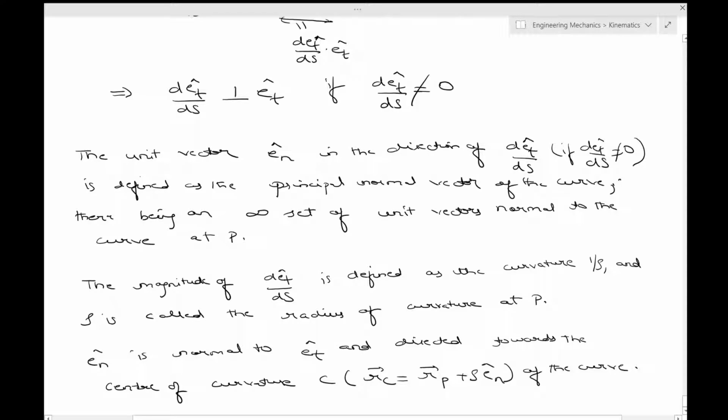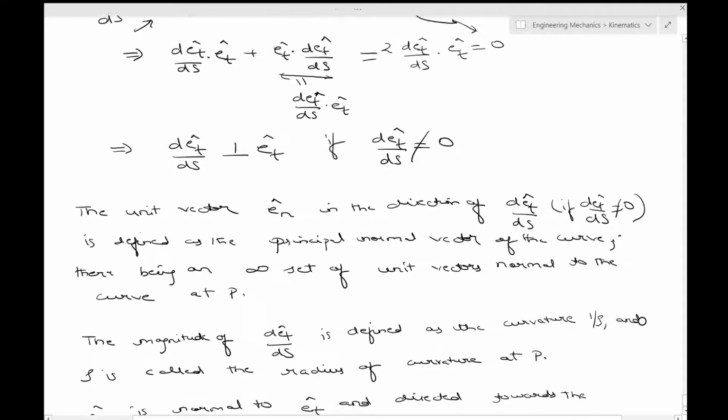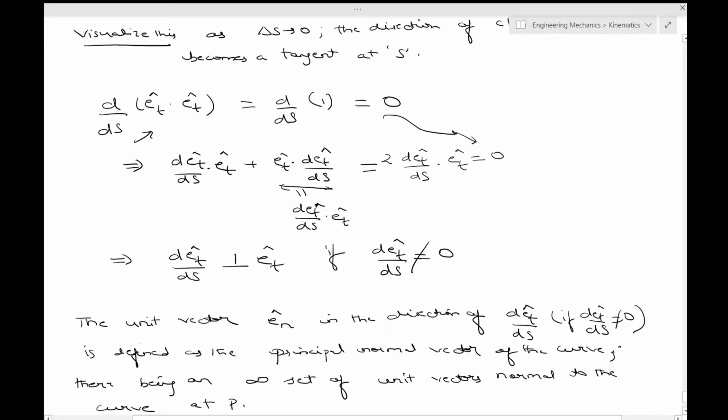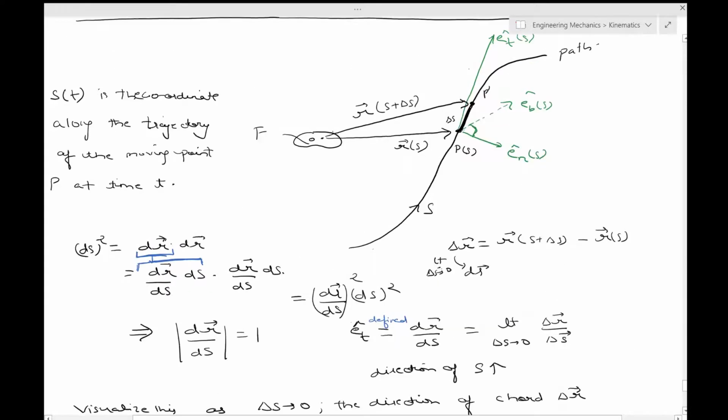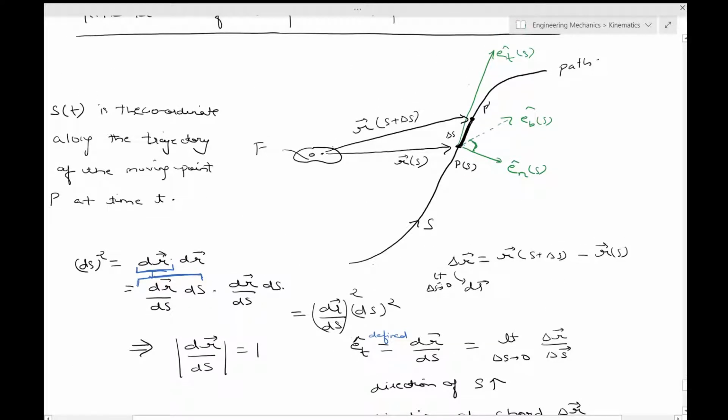Just to revise and correct a mild note, yes, an infinite set of perpendicular vectors, which have magnitude in the direction of det by ds, can exist at this point, but we call the one which is normal such that it is directed towards the center of curvature.